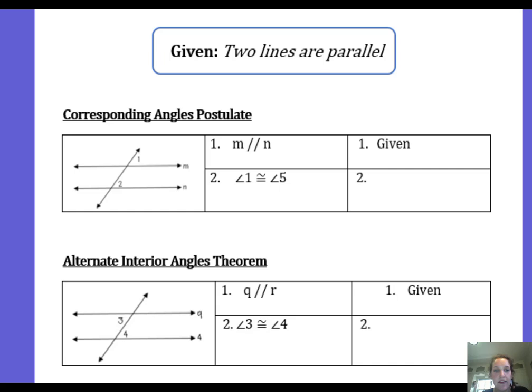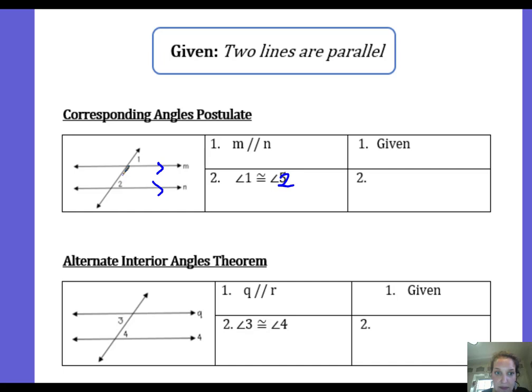So on the first one, our given is that line M and line N are parallel. So we could go mark them with the little arrows. What is the relationship between angle 1 and angle 2? Well, angle 1 and angle 2 are corresponding angles. Because we know that those lines are parallel, we are allowed to say that those corresponding angles have to be congruent.